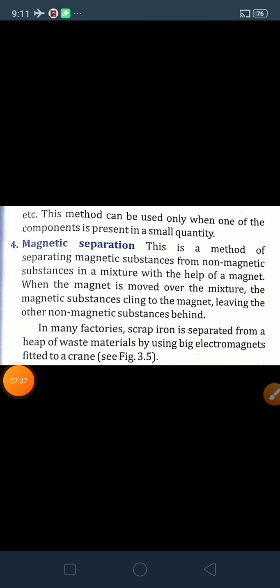Then we can separate different undesirable components from a mixture of solid in solid mixtures and get a desirable or pure component.